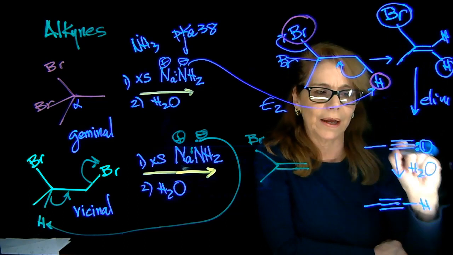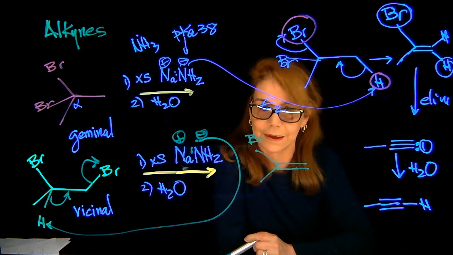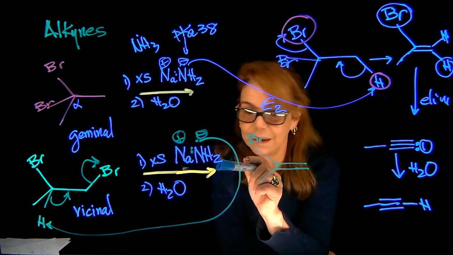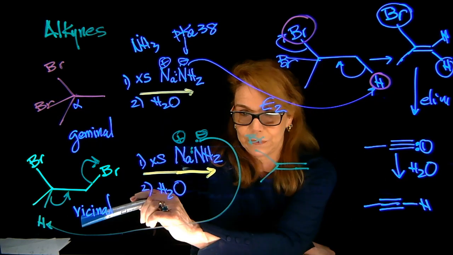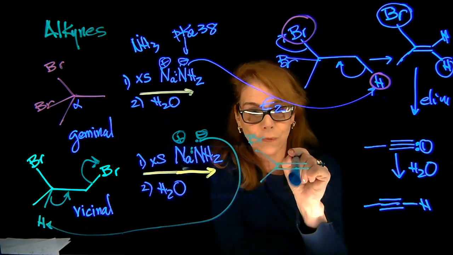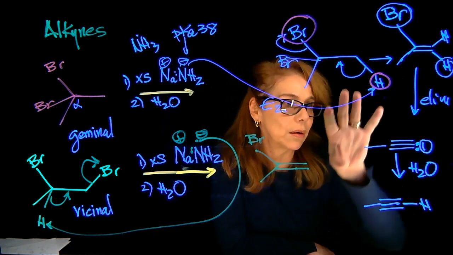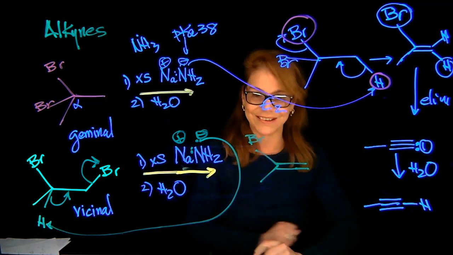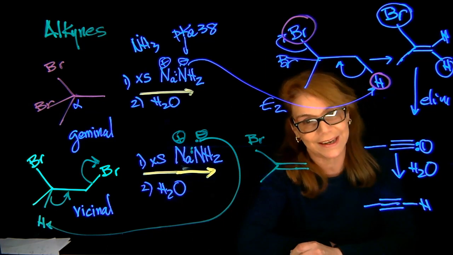So you make the alkyne, and the second step is necessary to protonate the alkyne anion. Here you have an excess. In the first step, you did the first elimination. You form the same alkene here, and then we go back to that. So either geminal or vicinal dihalides will work in making alkynes.